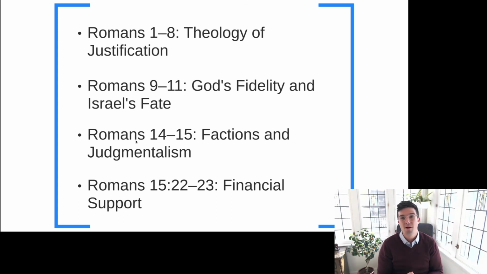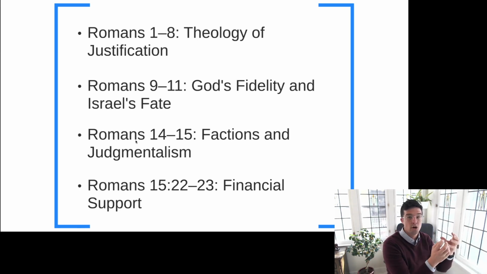And then, of course, if one thinks Paul is really writing all this to lay out his theology for the Christians there for financial support, then that weight would be on Romans 15:22 through 23. And that's not to say that by laying out his theology, it doesn't matter to Paul or it's not important to Paul because he's going to make a financial ask.